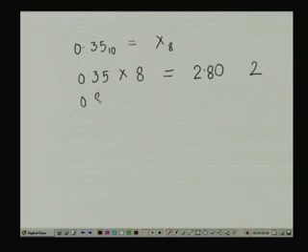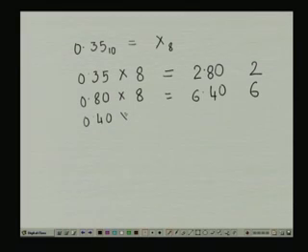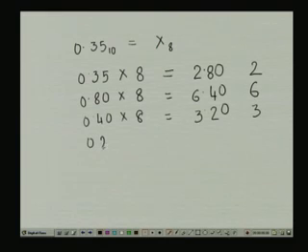Now, this fraction will again be multiplied by 8. So, this will be 6.40. Then again 0.40 into 8 becomes 3.20, and it will go on.